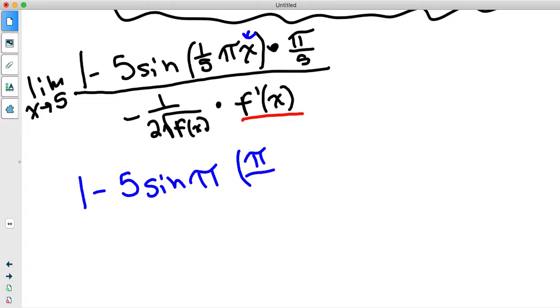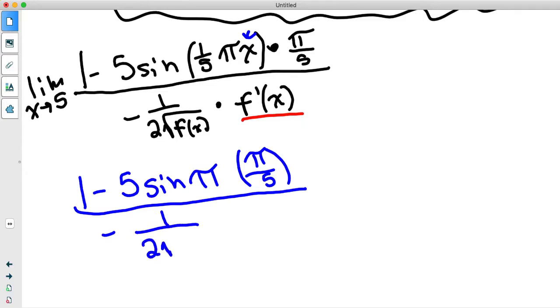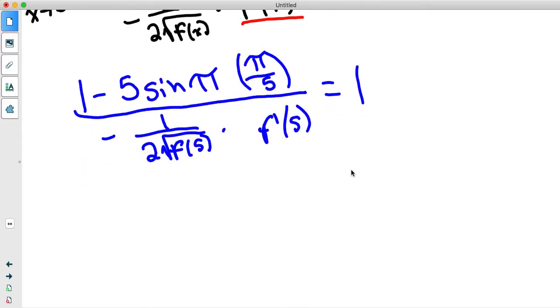So the whole numerator is just going to end up being 1. Okay, so this is all over negative 1 over 2 square root of f of 5 times f prime of 5. Now this is all equal to 1 for that reason that I just said a little while ago.